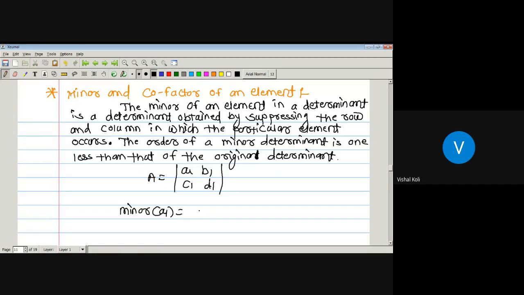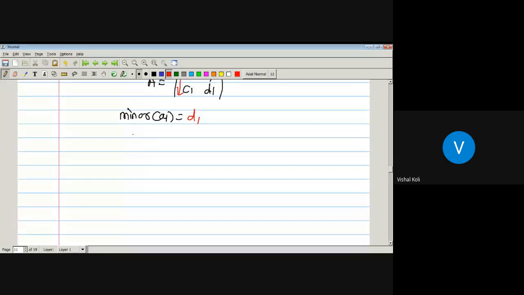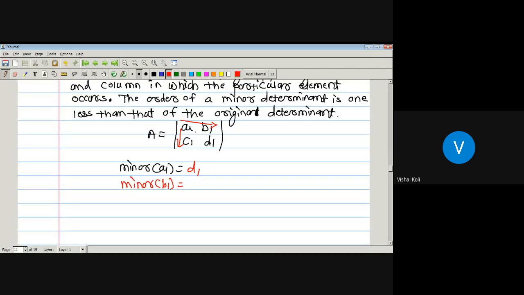Minor of element A1 is equal to, by definition, we suppress the row and column corresponding to that element. So suppress this row and this column, then the remaining element is D1 only. So D1 becomes its minor. Similarly, the minor of B1 is obtained by suppressing its row and column, and the minor will be C1.